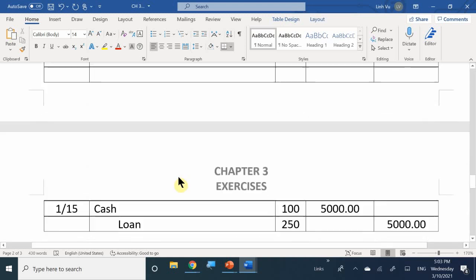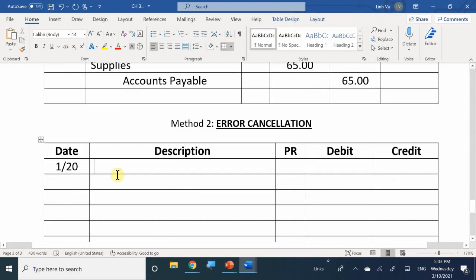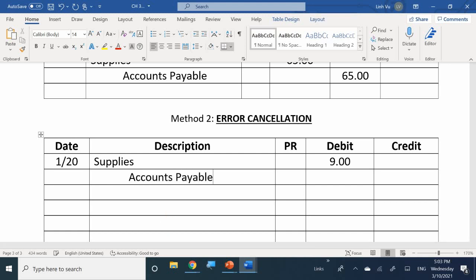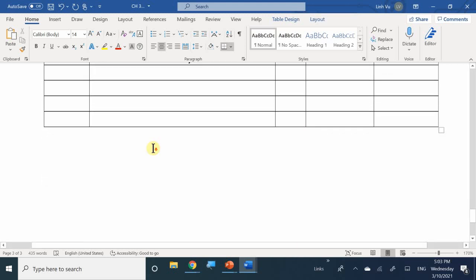So in this case, I need to increase my supplies account because I am $9 short in my supplies. So I'm going to increase it by another $9, and therefore, I owe $9 more to the account. Okay? Good job.